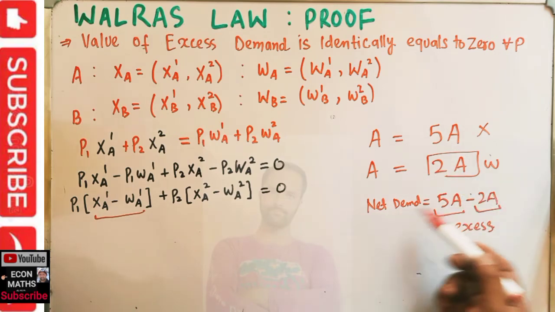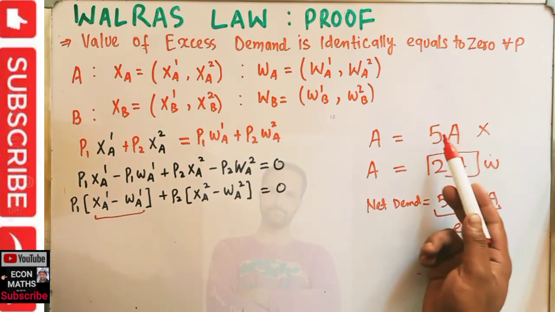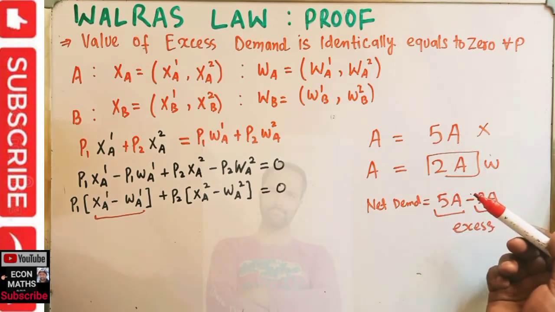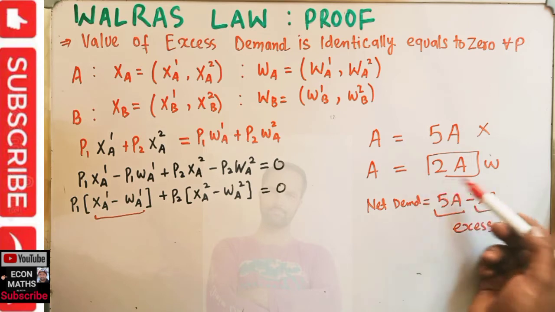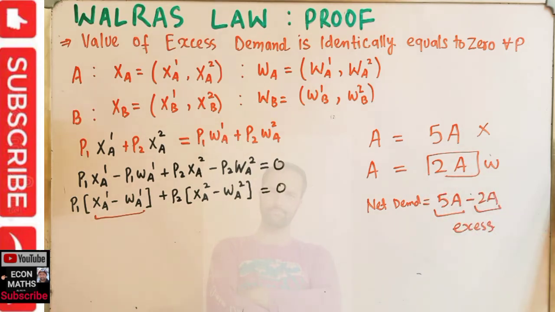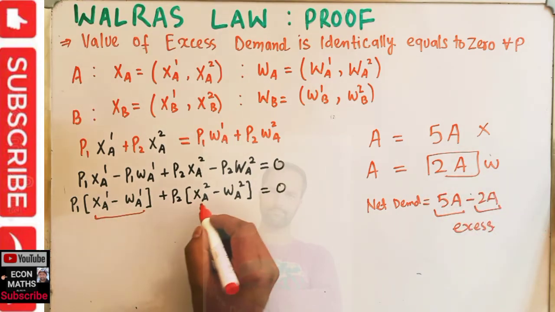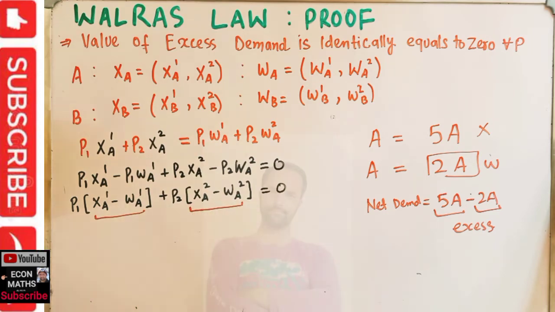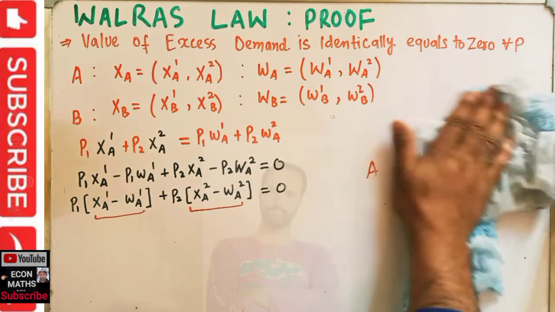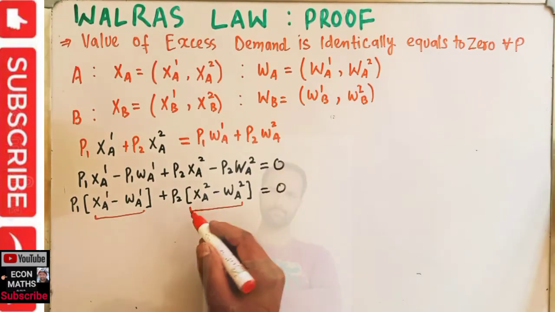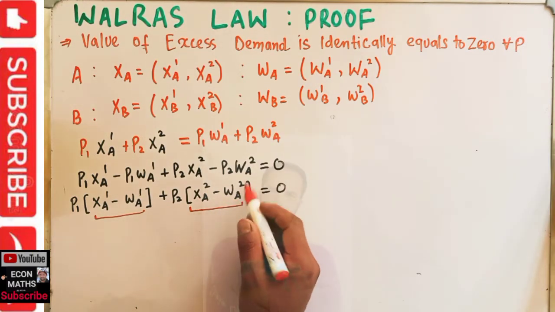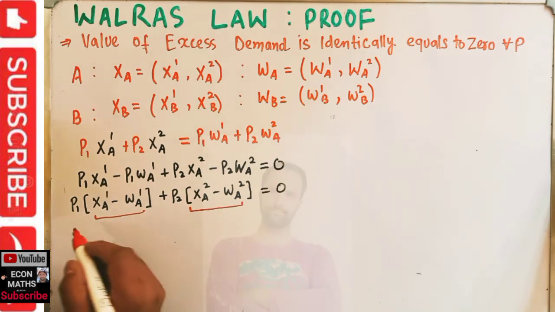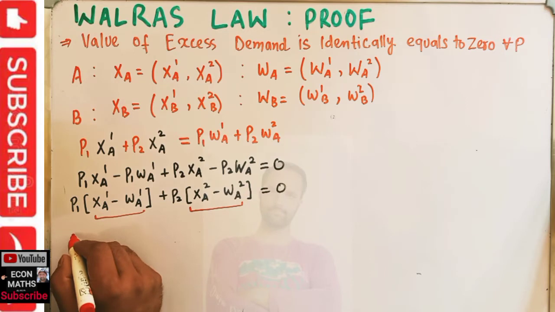Now net demand will be equal to his total demand of the apples minus the endowment of apples he initially has. So this denotes our excess demand. Similarly for good 2, we have gross demand for good 2 minus initial endowment of good 2. So these are the net demands or excess demands. So can I write it like this?